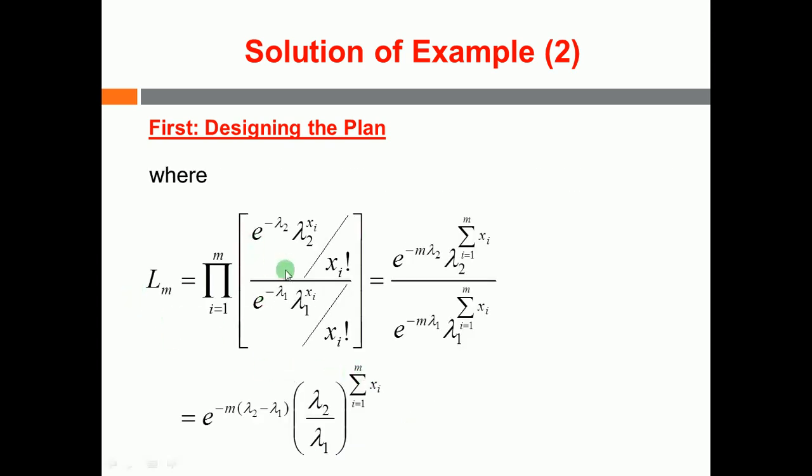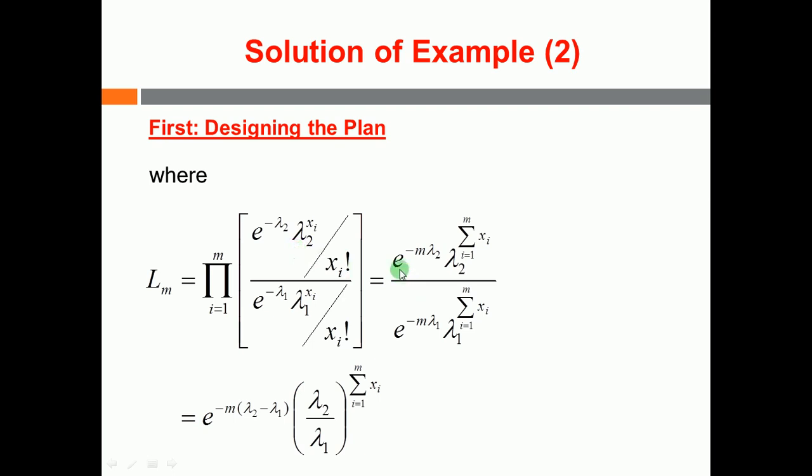Here we substituted in the numerator with the PDF of the Poisson while substituting lambda with lambda 2, and then in the denominator we substituted with the PDF of a Poisson while substituting lambda with lambda 1. And we have the multiplication sign outside. You can see here that we can cancel the factorial of xi in the numerator with the one in the denominator, and then we can enter the multiplication inside.